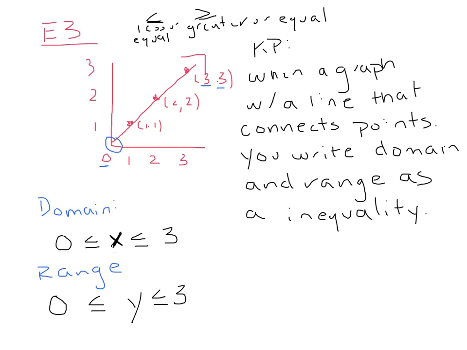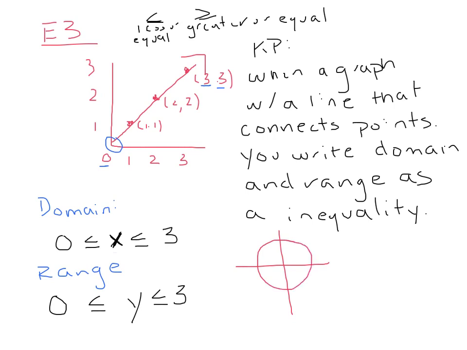So the important key point to remember from this is that finding domain and range, you can look for the x and the y values, but make sure that if you have a graph that has lines connecting it, that you write as an inequality. Just to give you another quick example of something that might be like a graph, we're not going to actually find the domain and range, but let's say we had a circle, right?